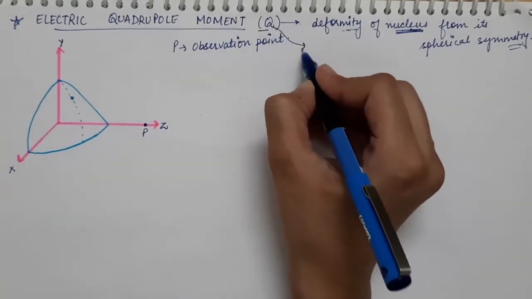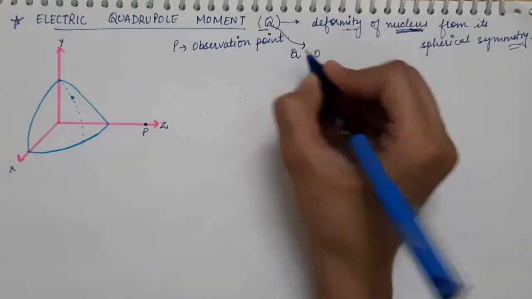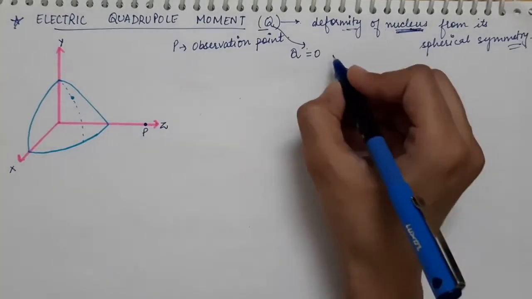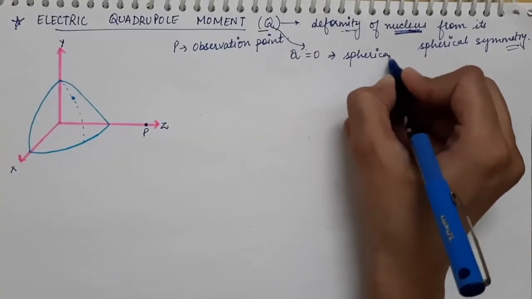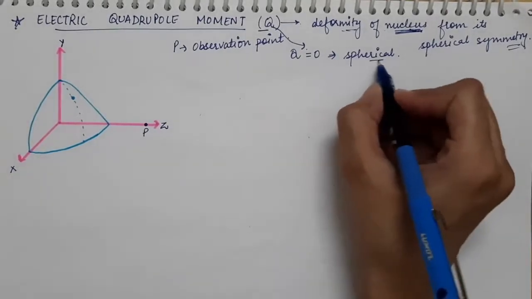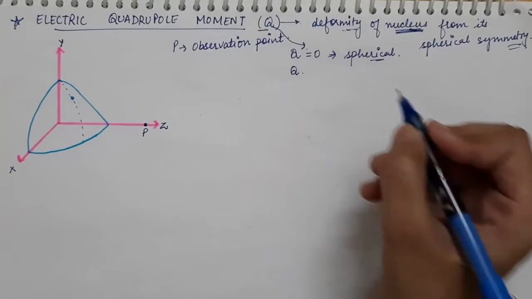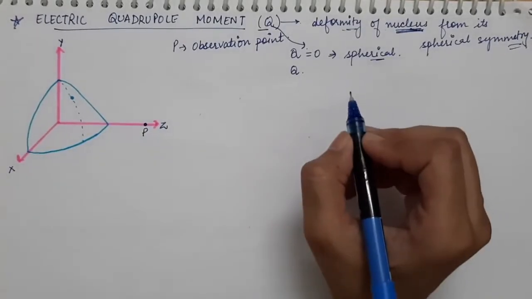If capital Q is equal to 0, it means that the nucleus is exactly spherical in shape. And if there is another finite value of Q, then it means that it is non-spherical.